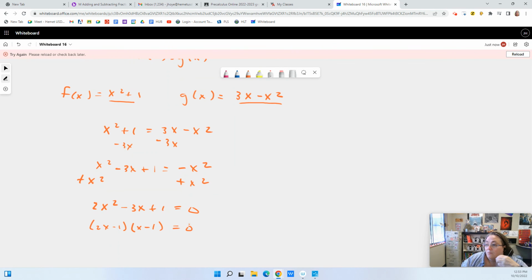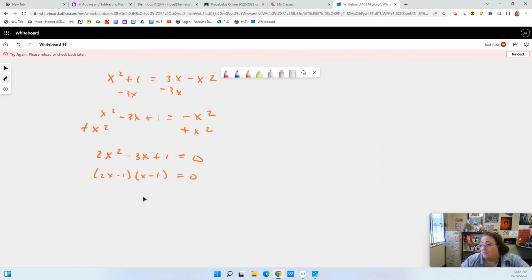No. But if you can't remember how to factor, you can use the quadratic formula. But I found this to be a pretty easy one. Then I could set each of my factors equal to 0, and I'd get x equals 1/2 and x equals 1. But the more important part of that is understanding, how do I set it up?